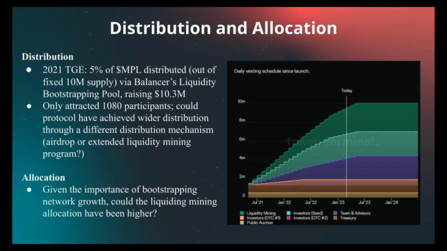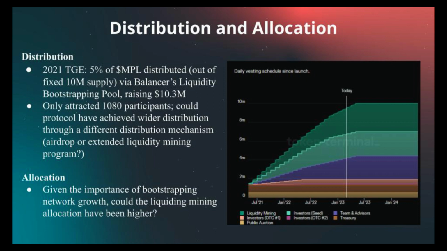Interesting. So just to reiterate, the competitors of Maple are still paying out more incentives? Yeah, they're paying out more incentives. That has helped them achieve higher users, and their FDV at this point is also higher.